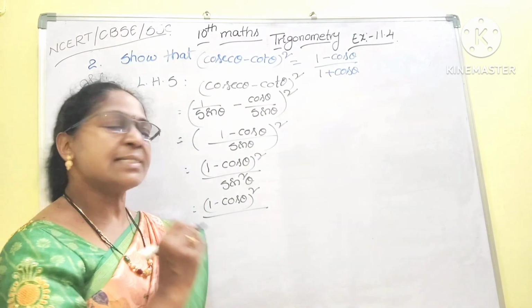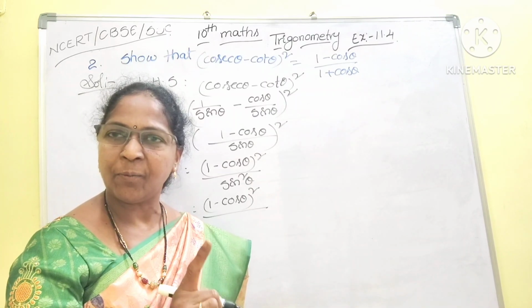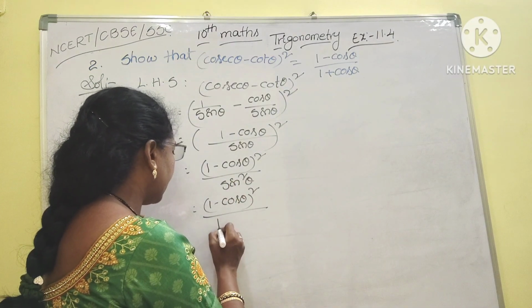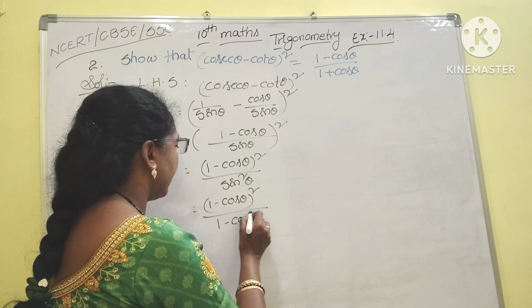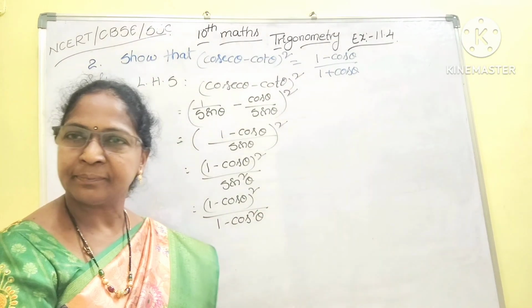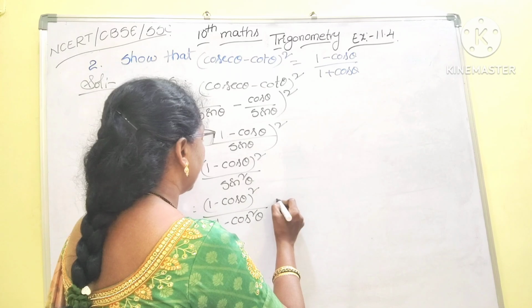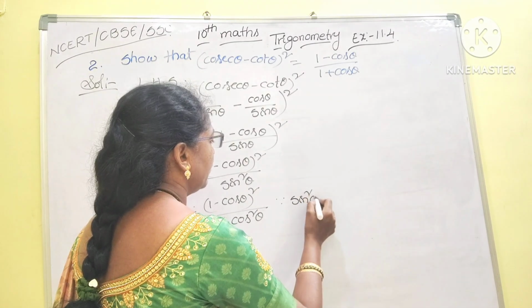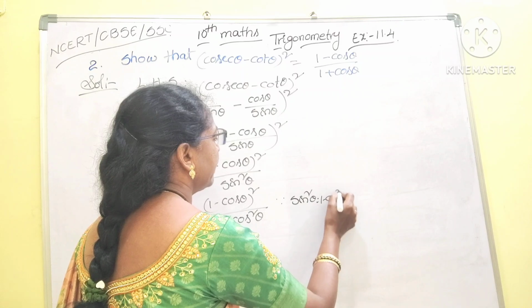Why? Because sin square theta plus cos square theta equal to 1. That is one of the identity. Here instead of sin square theta, you can write 1 minus cos square theta.